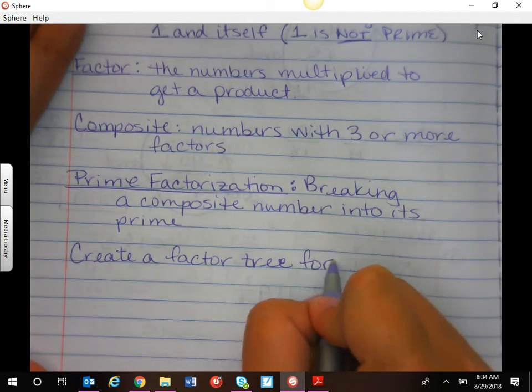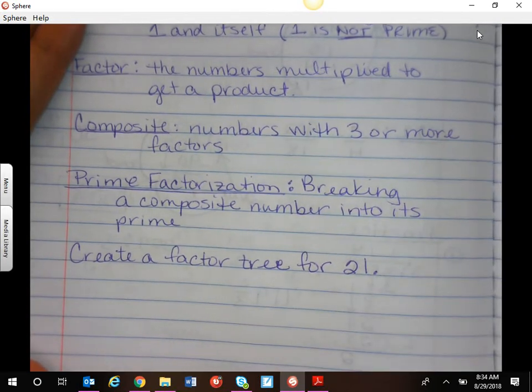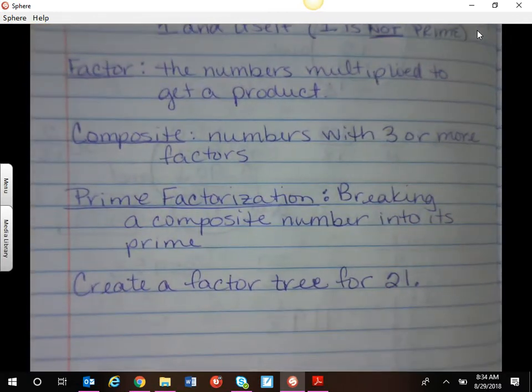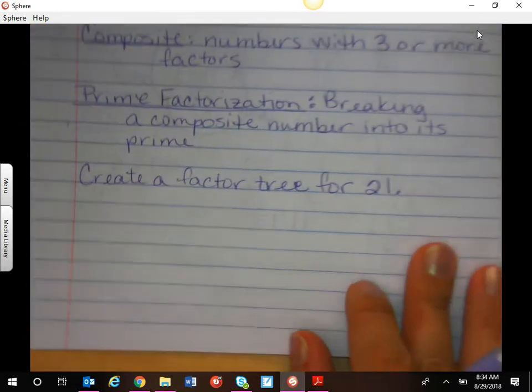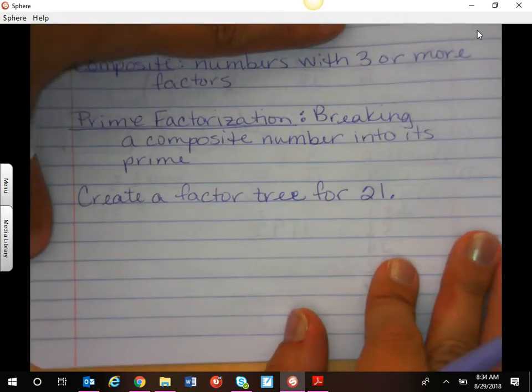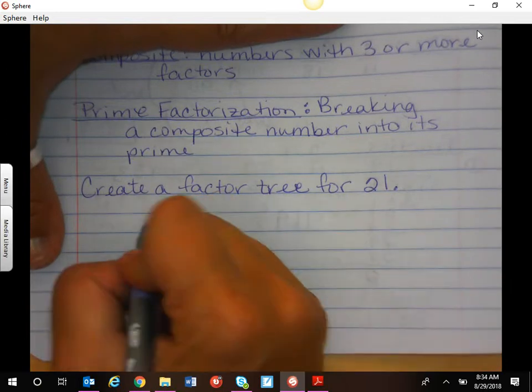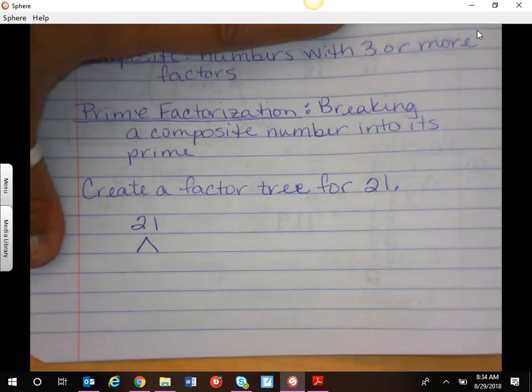We'll start with a nice number for 21. Okay? So when we are looking at a factor tree, we want to break 21 into its factors and then down into prime values. So here's 21. Well, let's think about what makes 21. 1 times 21 and 3 times 7.